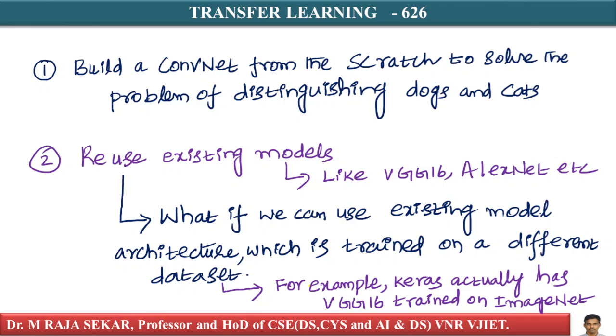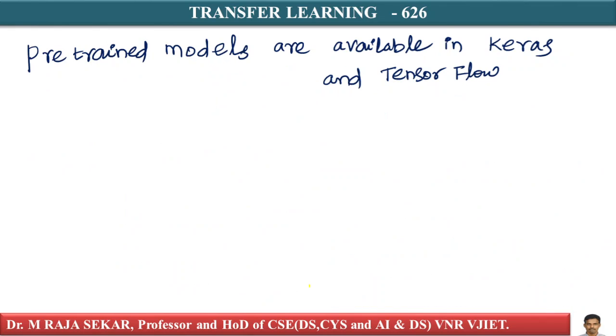It already has a complete trained model, which means it has all of the kernels in each of the levels. It has all the kernels, all the weights, everything pre-trained. So these are called pre-trained models.